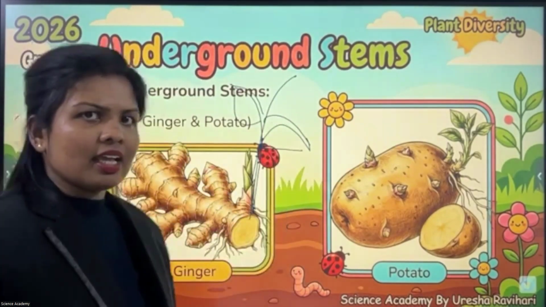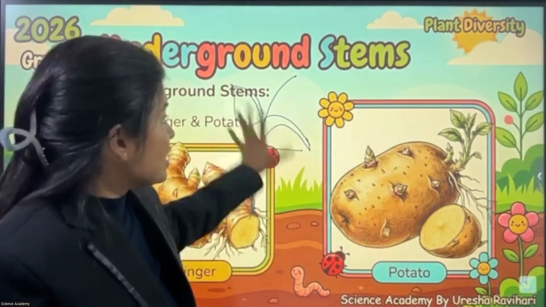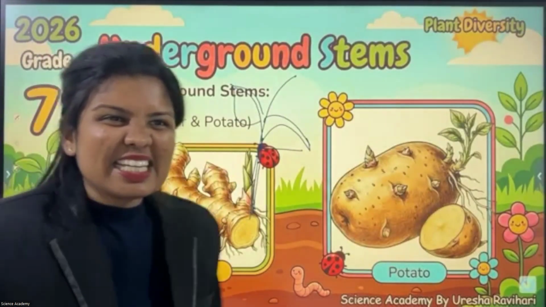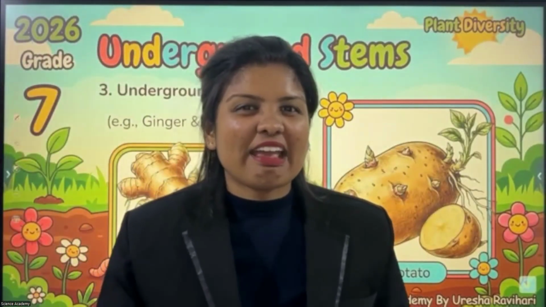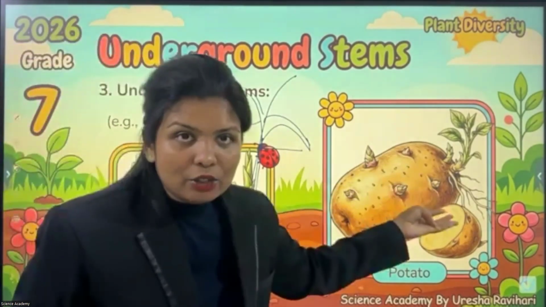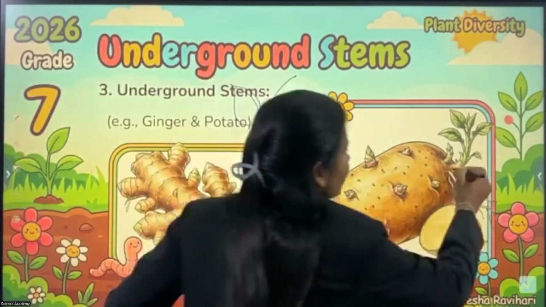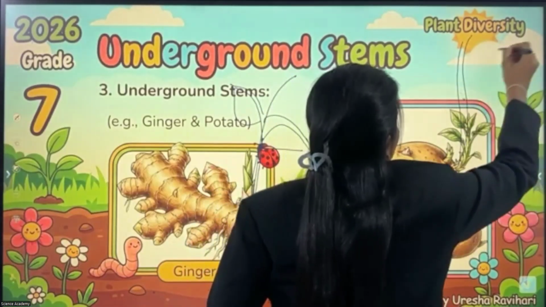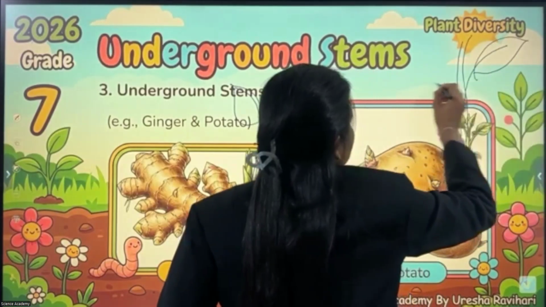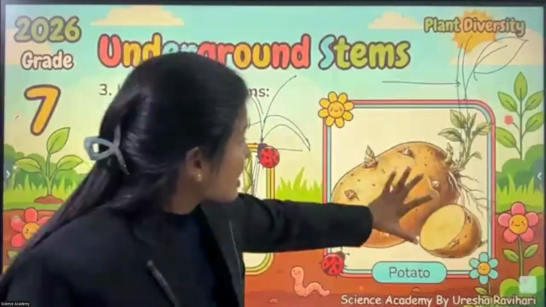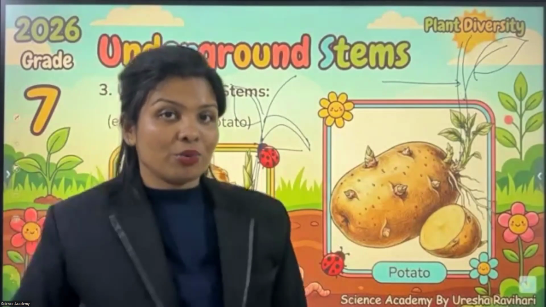But children, this is not the real stem. That is a fake stem. With the potato also, we can see the shoot coming out with the leaves. We feel that this one has the stem, but that is also a fake stem. This is the real stem, underground.